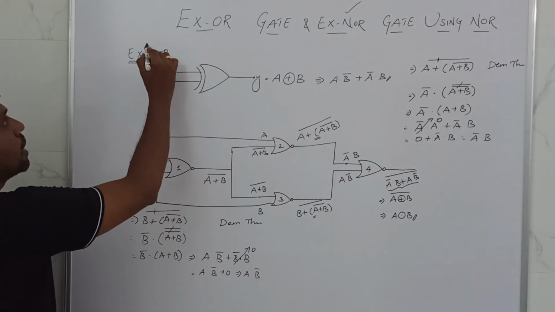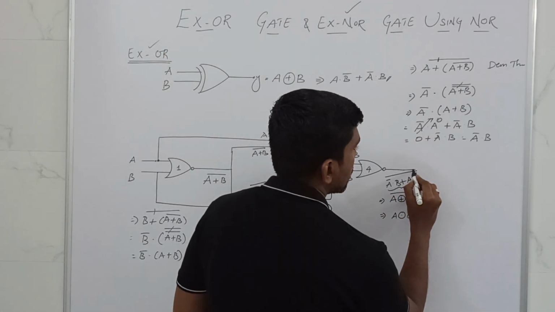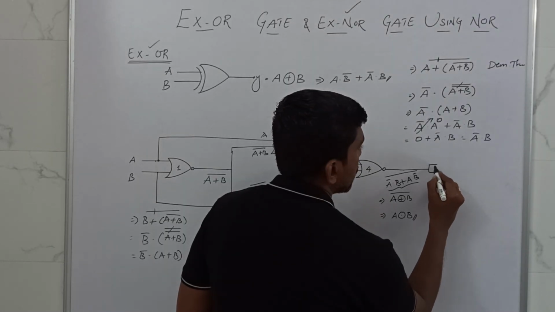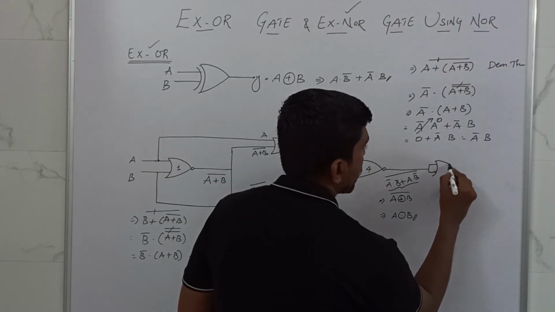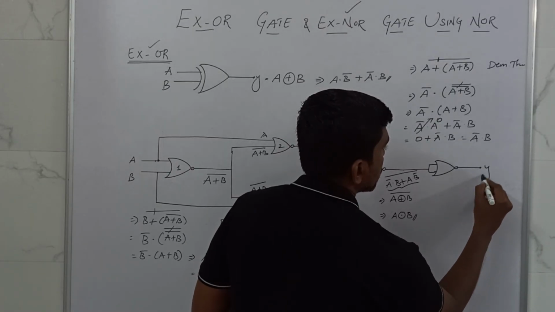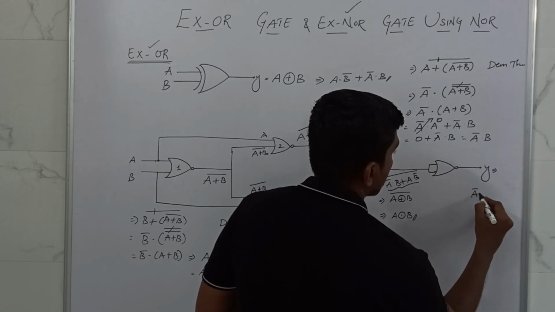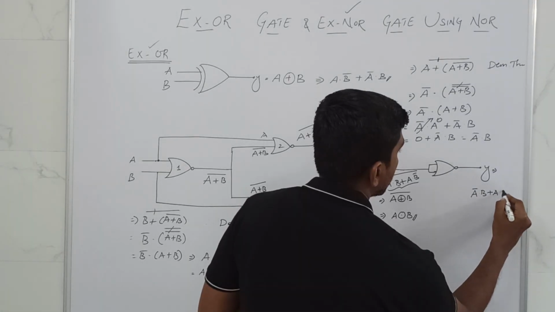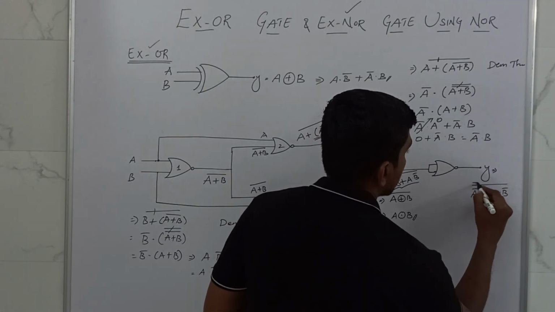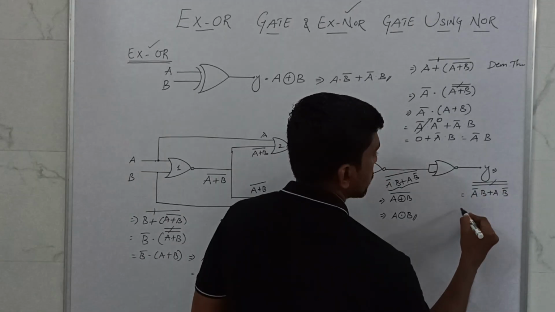But here I am going to design the XOR operation. For the XOR operation I am using one more NOR gate. So this is the output Y: A bar dot B plus A dot B bar double bar. You just cancel these two bars.